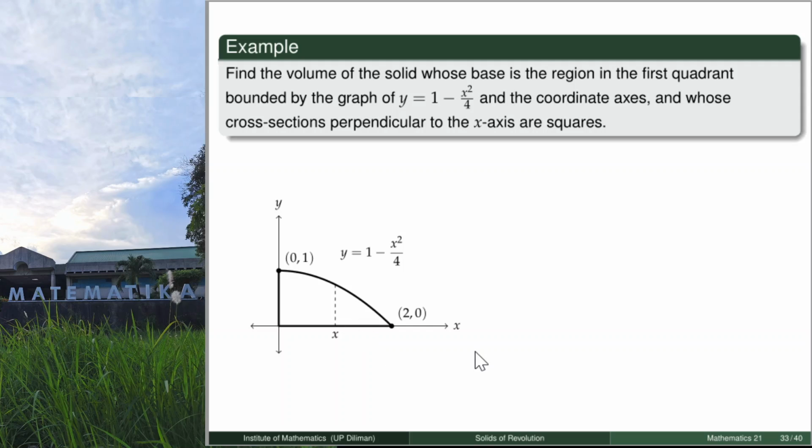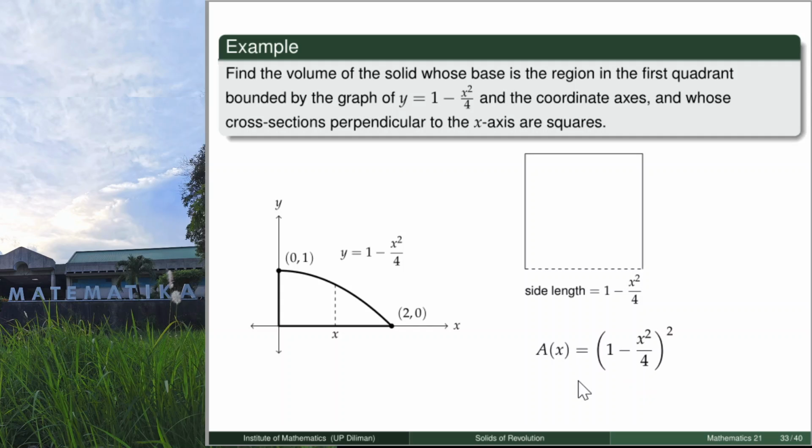Therefore, this broken line has length 1 minus x squared over 4 minus 0, or just 1 minus x squared over 4. Thus, the area of the square will just be side squared, so just square this length. Notice that the area is a function of x.